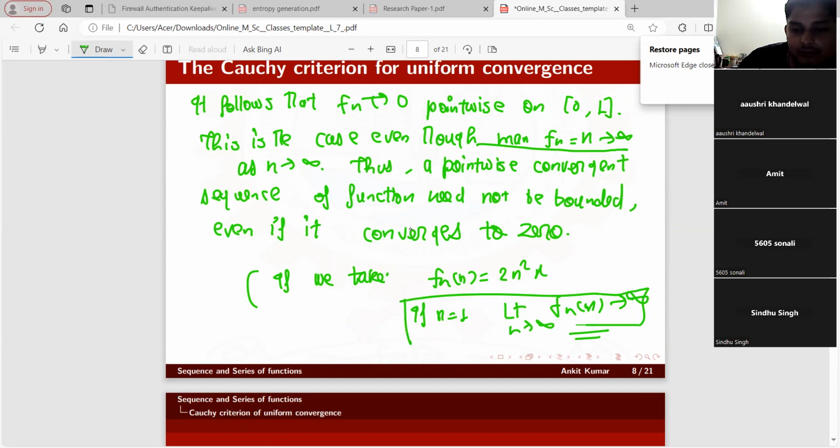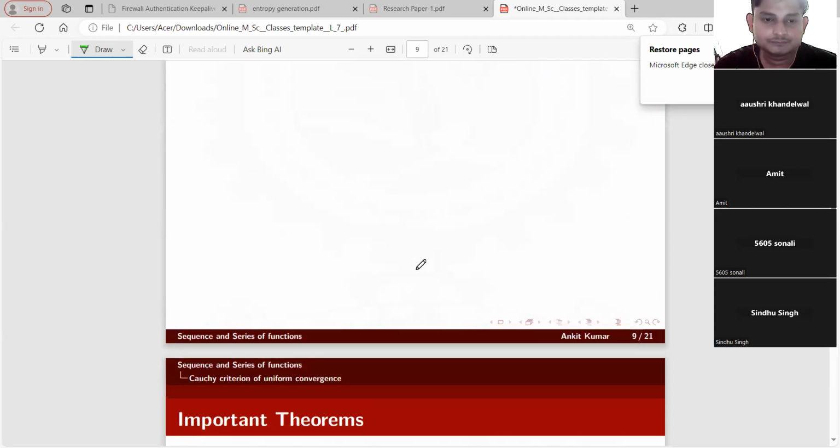So pointwise convergence exists, but the given function is not bounded. So these are very important results: boundedness, convergence, continuity. Okay. Now we see the next very important question.